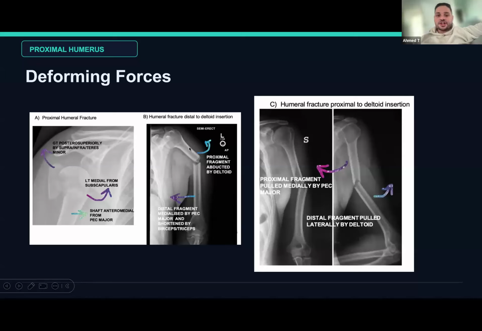In humeral shaft fractures, it depends exactly where the fracture is. If the fracture is distal to the deltoid insertion, the deltoid will abduct the proximal fragment, and the distal fragment will be medialized by the pec major. If it's proximal to the deltoid insertion, the distal fragment will be pulled by the deltoid instead, and the proximal fragment will be pulled medially by the pec major.